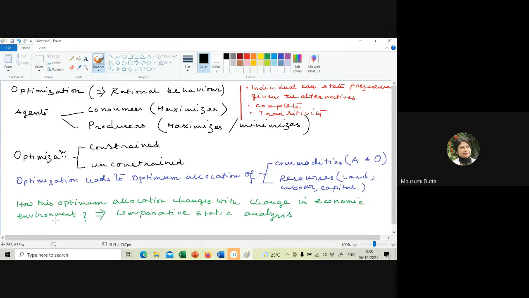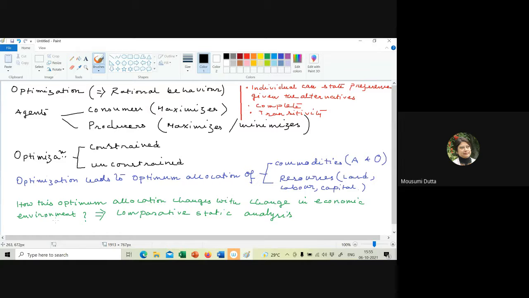At a particular time point, I am telling this allocation is optimum. However, if there is a sudden shock in the economy because of some external reason, like the COVID-19 outbreak or demonetization, say. So externally, the environment is changing.